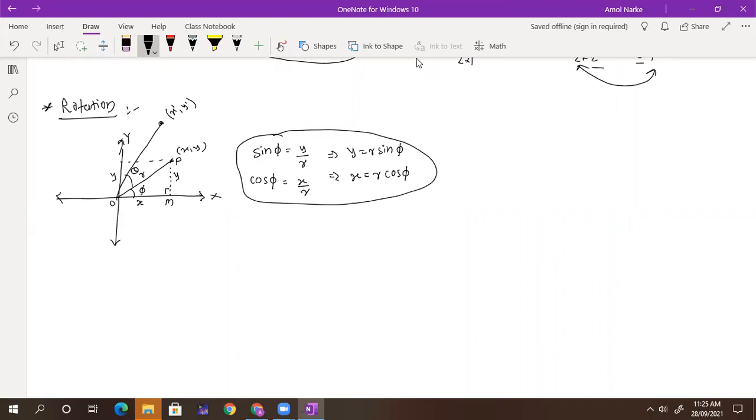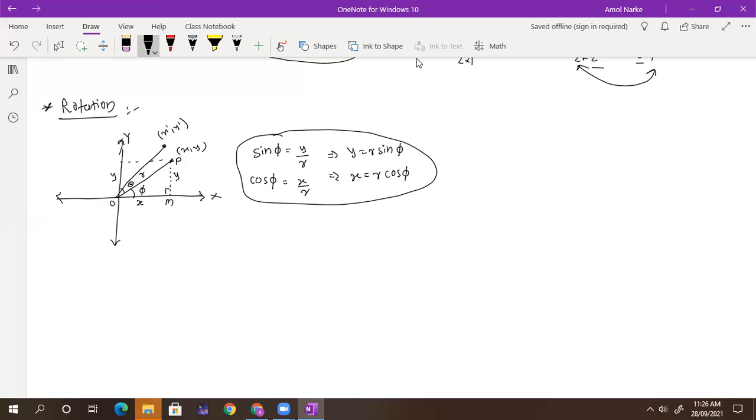Initially I have a point X comma Y, and I draw a small r, because the radius vector is also the same. Somewhere here I will get my X dash and Y dash, and that rotation is nothing but my theta.